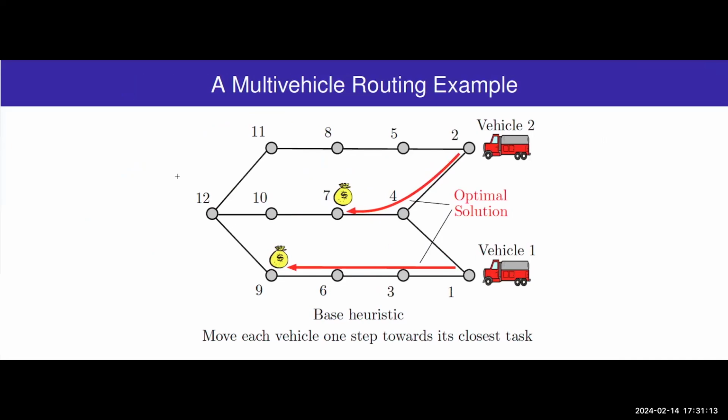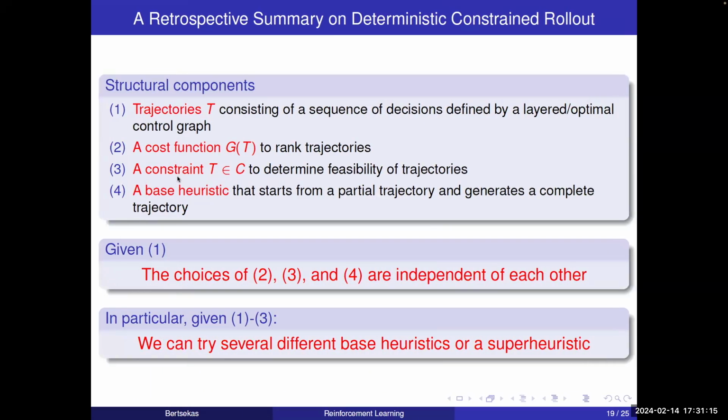Okay, are there any questions about constrained rollout before we move on? Yeah. So in this case, is there any room for approximation? Because if it is approximation, then we can pretend it is not a trajectory. Are you saying that you may violate the constraints, but in some limited way?